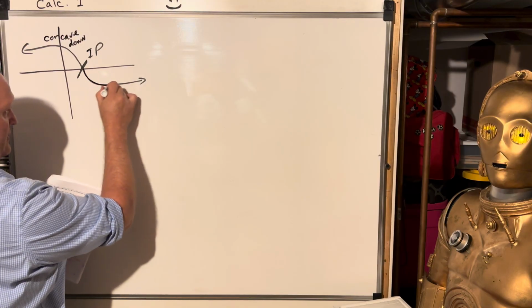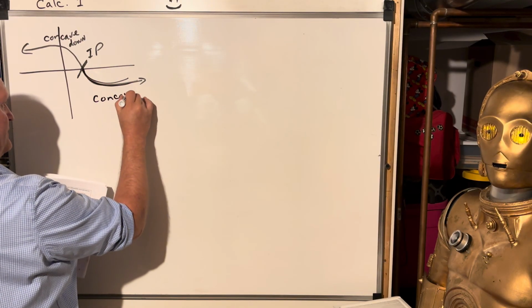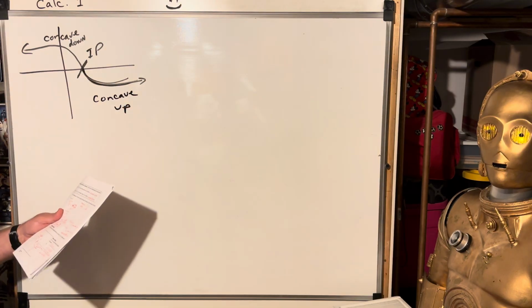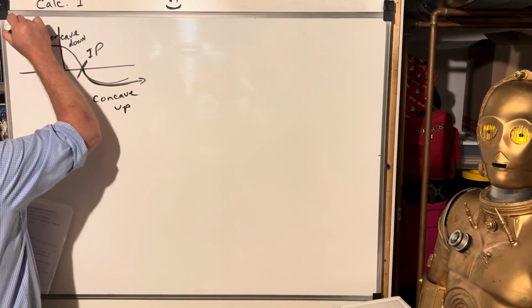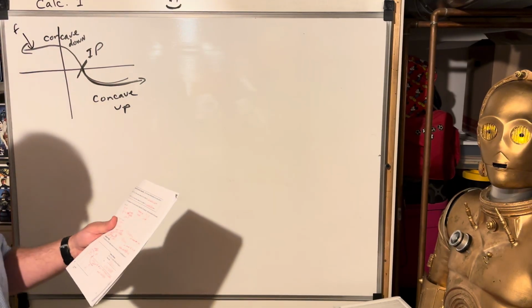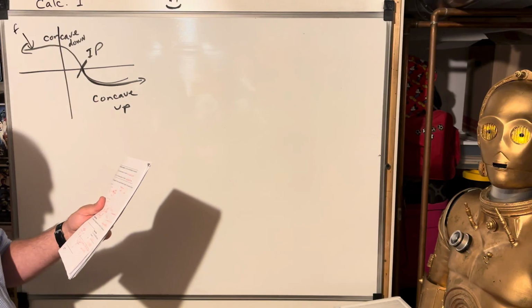This part of it is concave up. And this is the original graph. This is f. That's not f prime or f double prime. That's just f. So we're just looking at concavity, points of inflection.